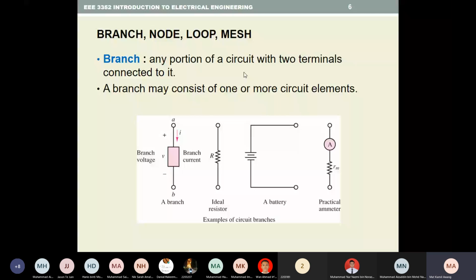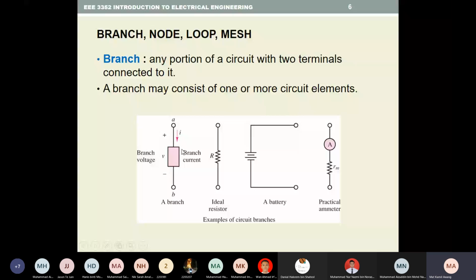So these are examples of a branch. Basically, a branch is a circuit with two terminals. A branch may consist of one or more circuit elements. As long as it has two terminals, it's called a branch.